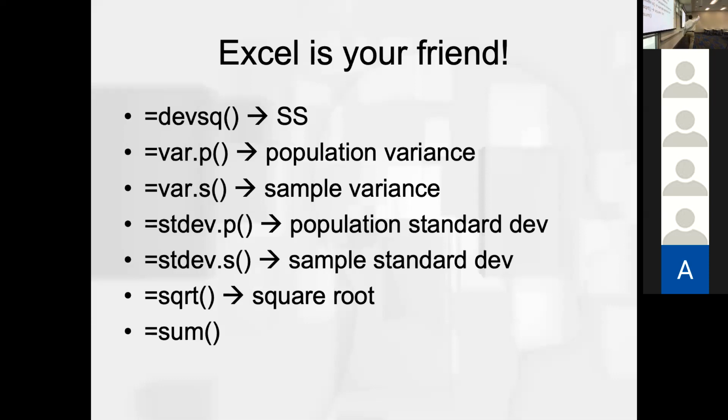You have .P or .S. Older versions of Excel don't give you that option, and I don't know what the default is. When you're typing it in, you'll see STDEV, and that's the older version. Make sure you're selecting the correct one, either the sample or the population. And then simple things like square root, SQRT, and SUM to add them together.